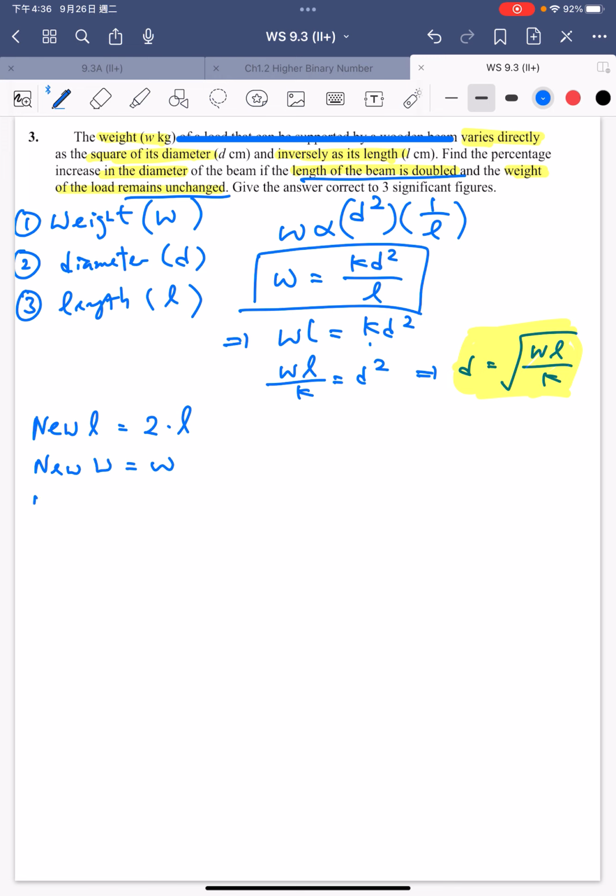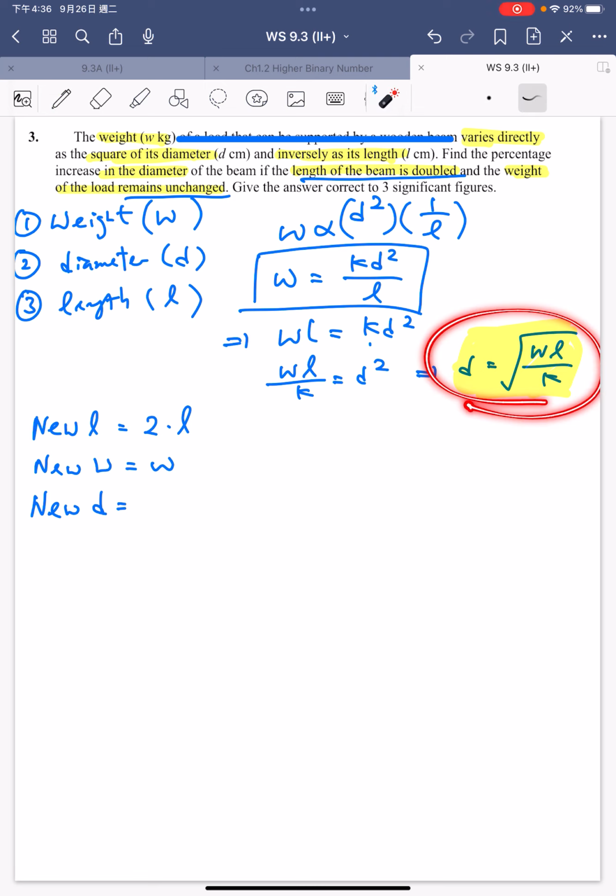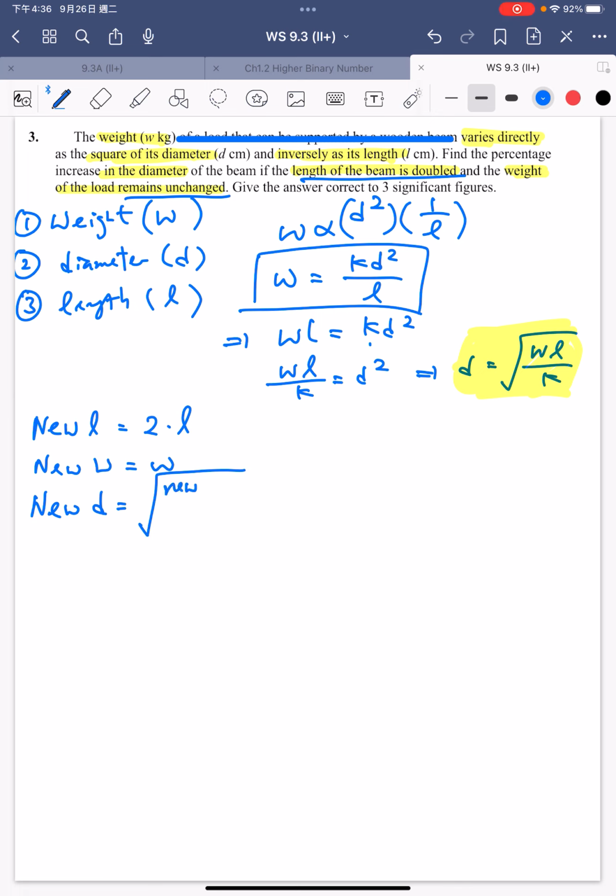So now we can find the new value of D. Using this formula, we can write it down as the square root of the new W times the new value of L, divided by K. Now the new W we can substitute in: it is still the same as W. Then we times our new L, which is doubled, so we have 2L.